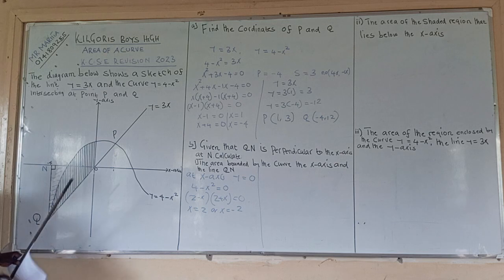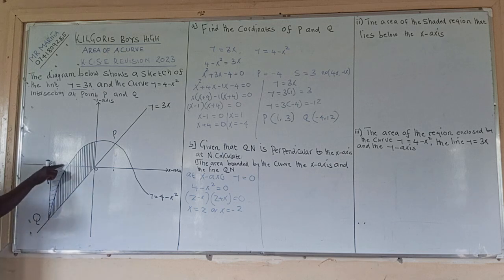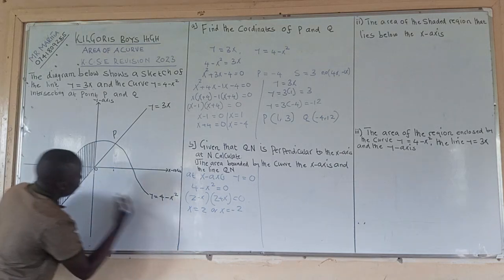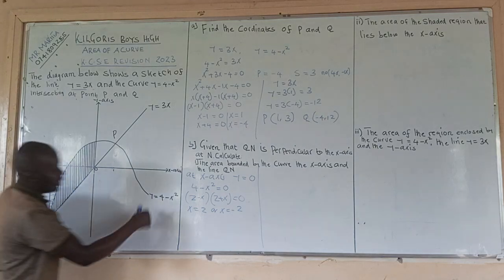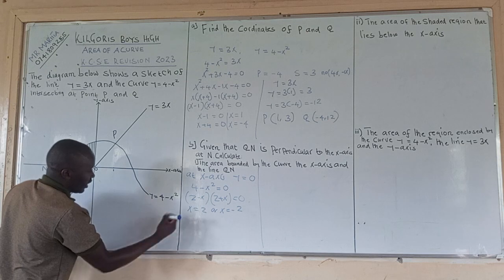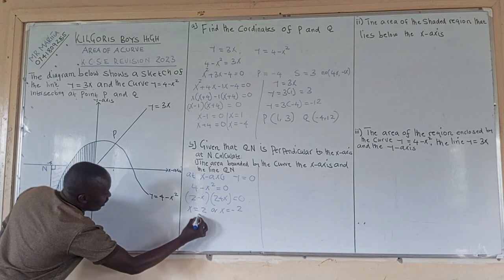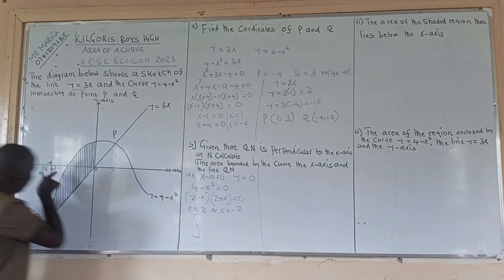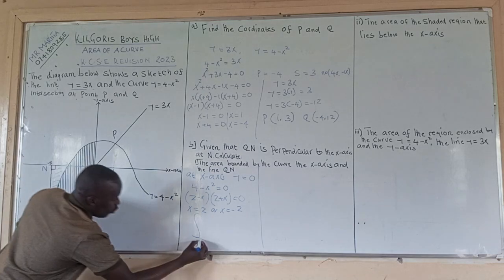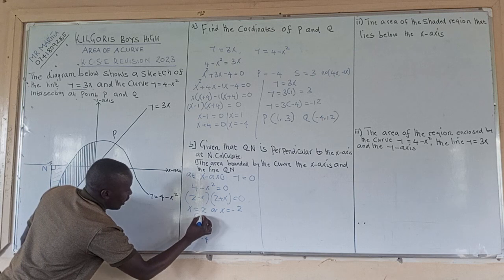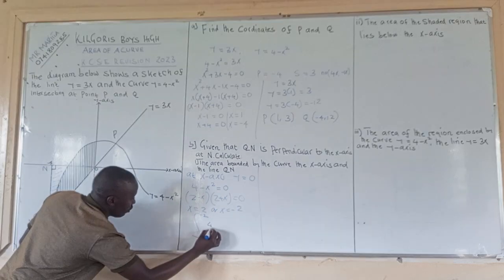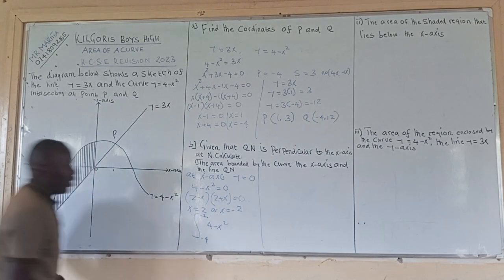So the region we are talking about is now from negative 4 to negative 2. We ignore the positive side. We take the limits now and integrate the curve from negative 4 to negative 2, and the curve is 4 minus x squared.